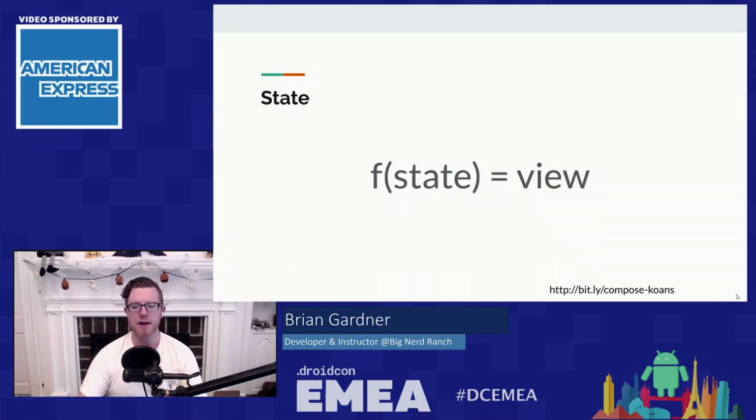This makes it so that if the state were to update, you basically just pass that new state back to your function. The function may return something different as a new view, and Compose can re-render that view on the screen. Fortunately, Compose is very smart about how it does the re-rendering.